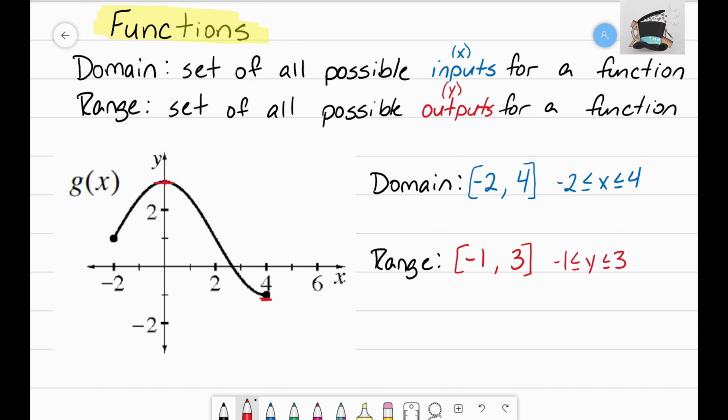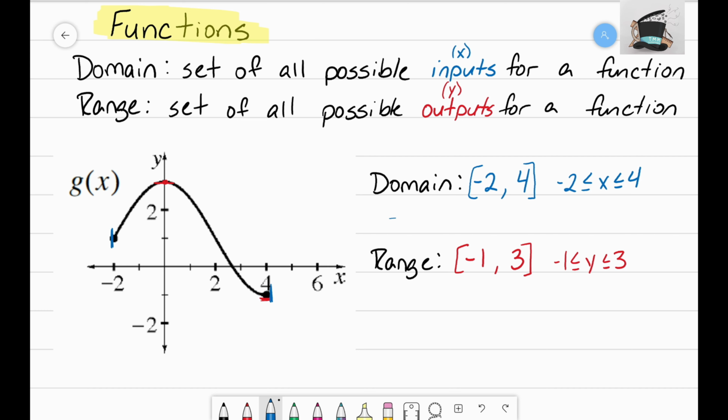All right, and one last thing that I want to show you, sometimes this helps students out, is that if you're thinking about domain, always think about how far to the left and how far to the right does my graph go.